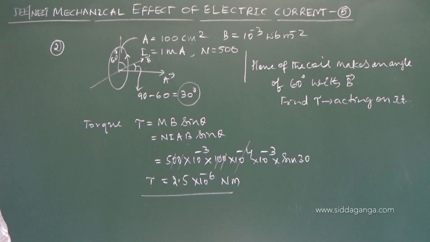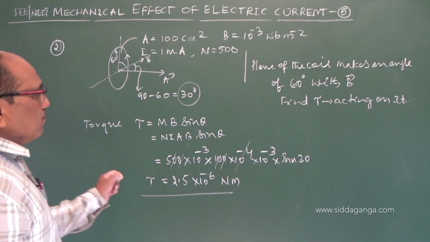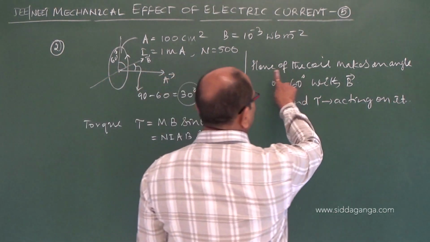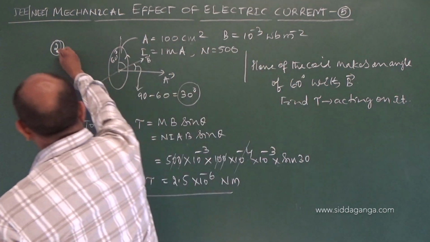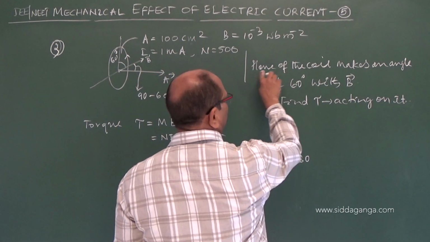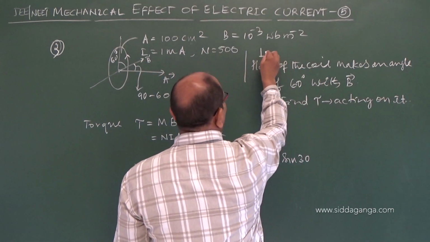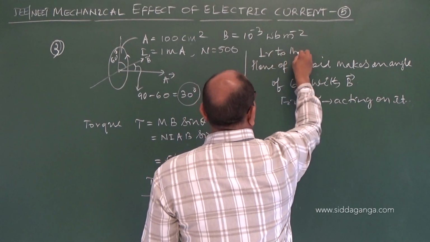So in the same problem, instead of this, assume the question asks for the angle made by the perpendicular to the plane of the coil.